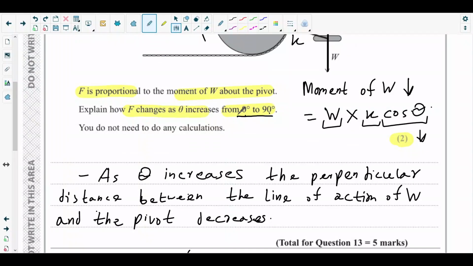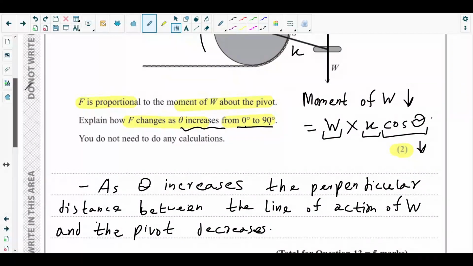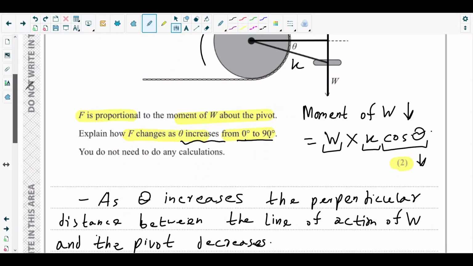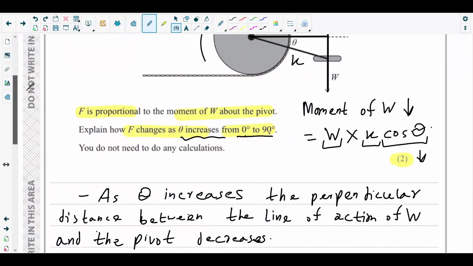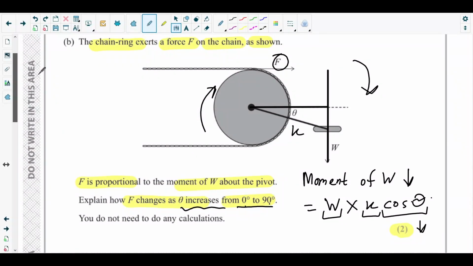So here you need to mention one thing. What you have to mention? The theta is increasing from 0 to 90 degree. That means the force F decreases from maximum. Maximum is what? Maximum the force can be W, right? Do we know maximum is how much?